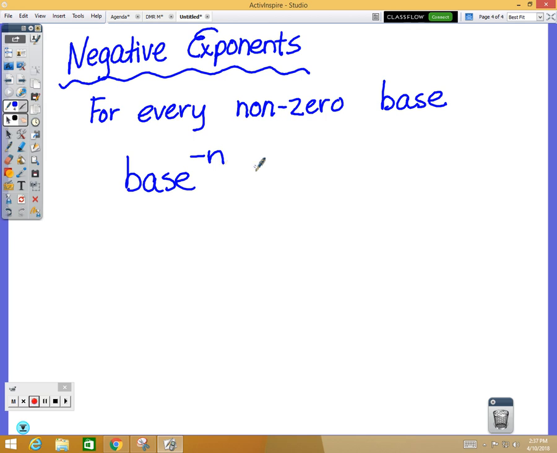then what you can do is take that power, so again, a power is the base and the exponent, you can take that power and move it down to the denominator, and that makes your exponent positive.